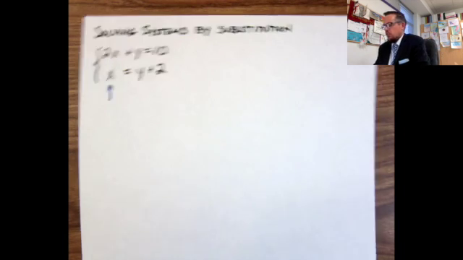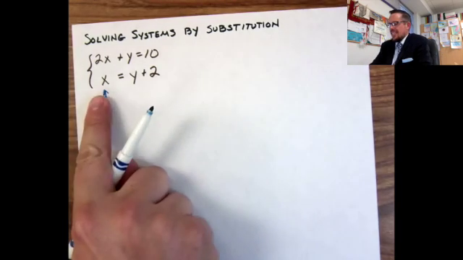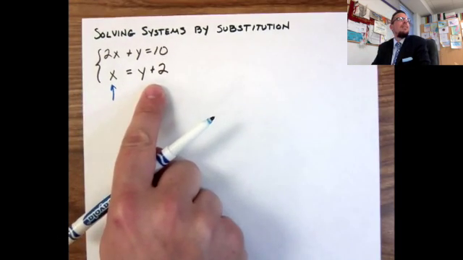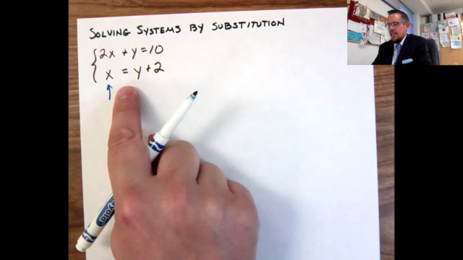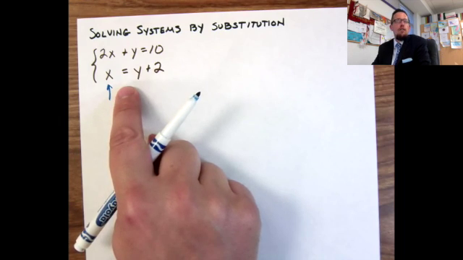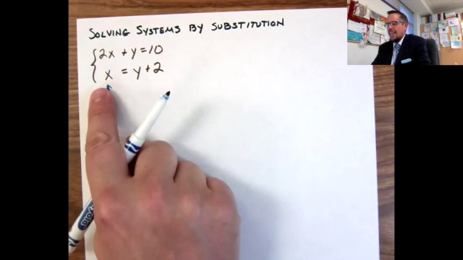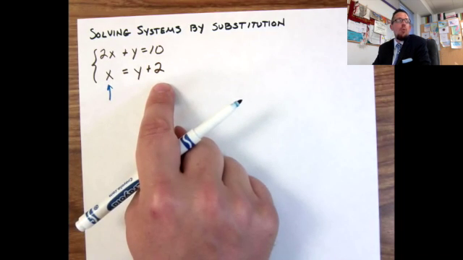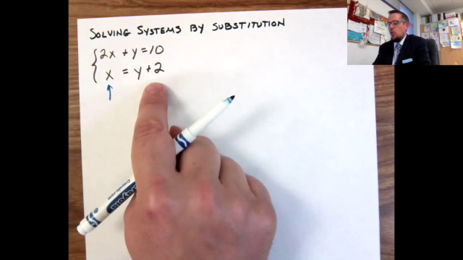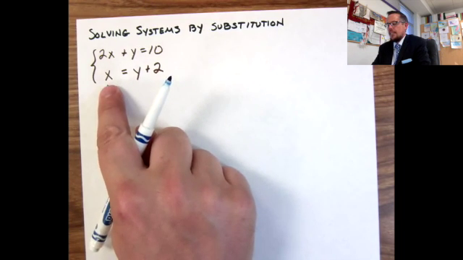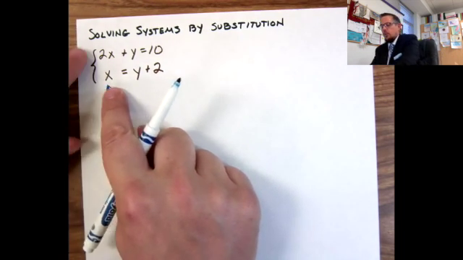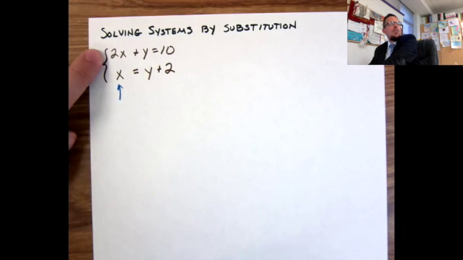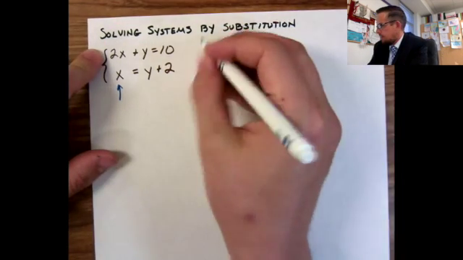Now here's where the substitution part comes in. X equals y plus 2 means something really important. This equal sign right here means instead of. I can write x instead of y plus 2, and even more important, I can write y plus 2 instead of x. Look at this top equation. What would this equation look like if instead of x, I wrote y plus 2? Let's just try that out.